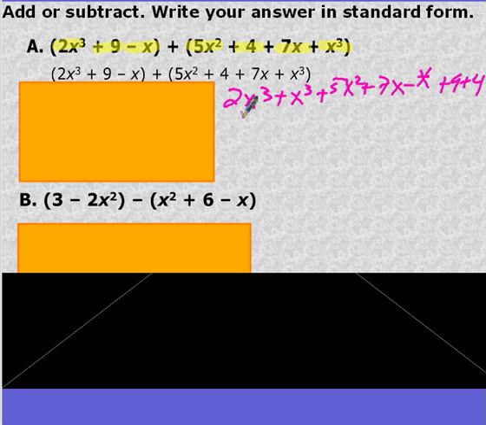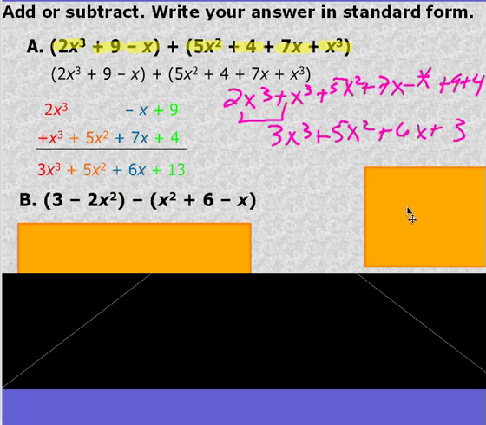So if we add that, we've got 2x cubed plus 1x cubed is 3x cubed. We've got 5x squared. That was the only one we had. Plus 7x minus x is going to be plus 6x, and 9 plus 4 is 13. So our final answer should look like that, and hopefully I did that right. And that's what they have as well for their answer.